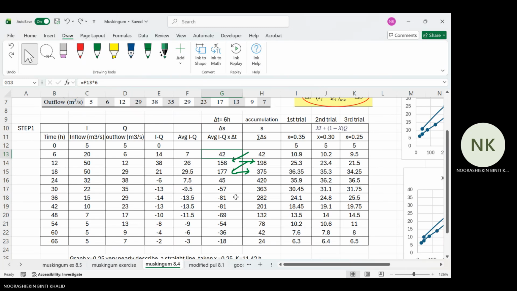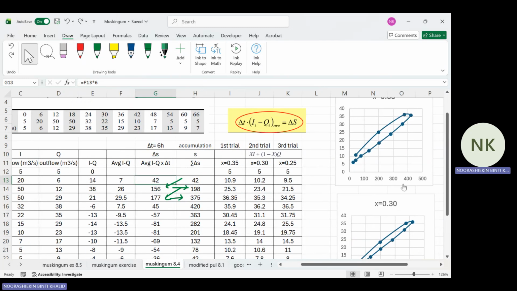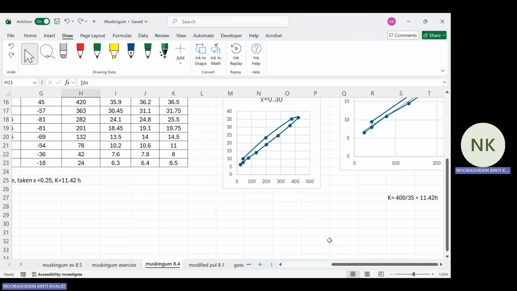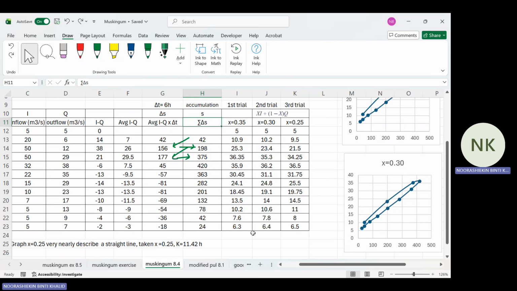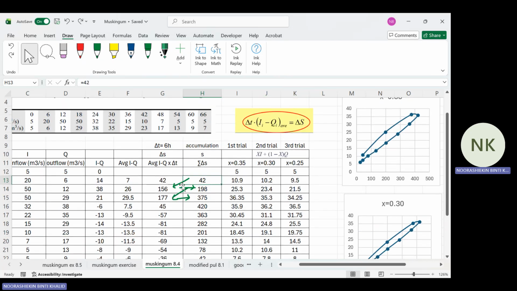And then you have to do an accumulation here for the total of the S value.